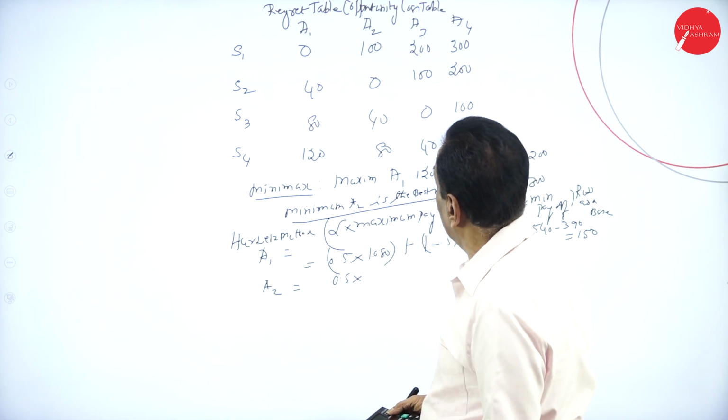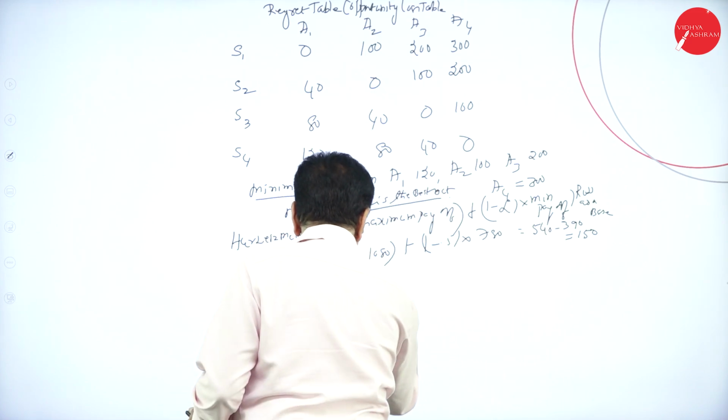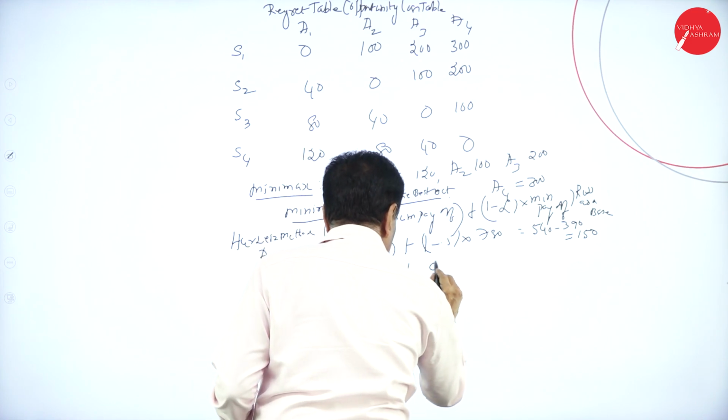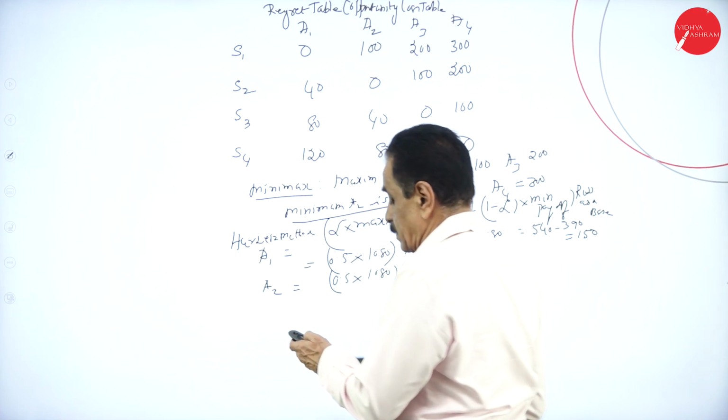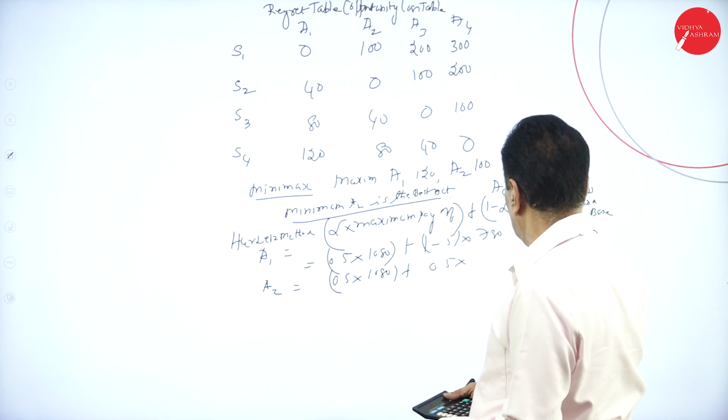A2, 0.5. What's the maximum payoff? 1080, plus 0.5. What's the minimum payoff in that row? 920.